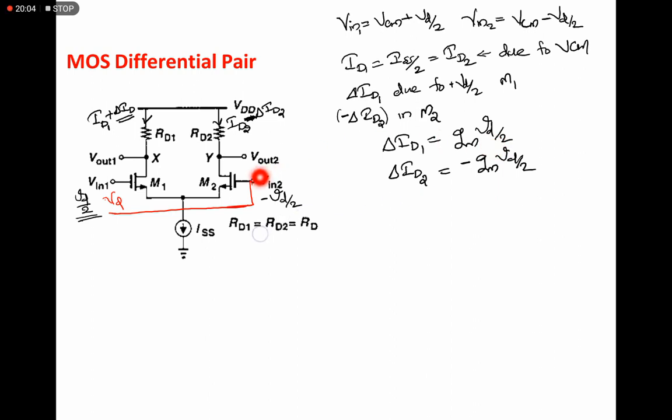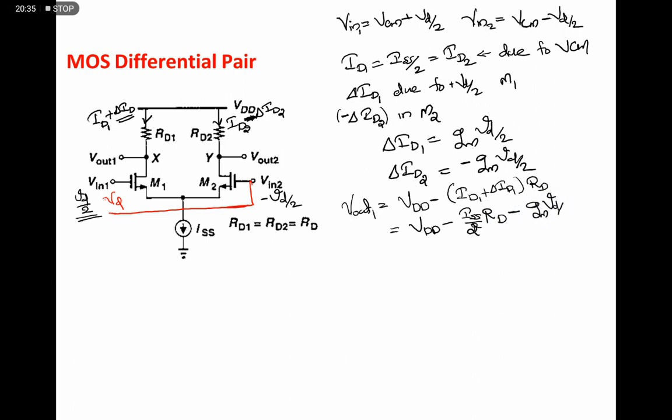Then we can write Vout1 equal to VDD minus (ID1 plus delta ID1) into RD, or it becomes VDD minus ISS by 2 into RD minus gm VD by 2 into RD.